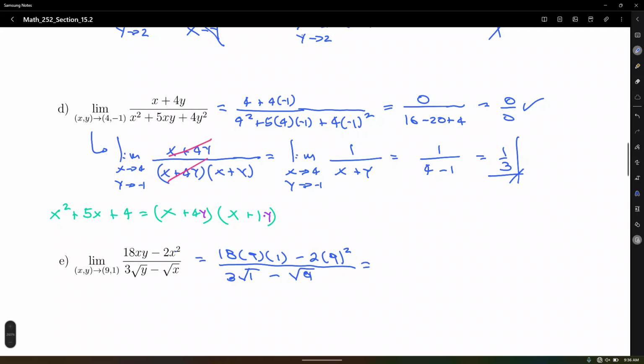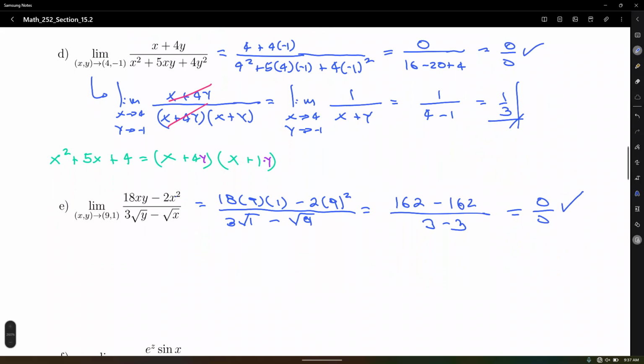Let's simplify all this madness. 18 times 9 is 162. Then 2 times 9 squared, which is 81, times 2, is another 162. Divided by 3 times 1, which is 3, minus 3, which equals 0 over 0, right?